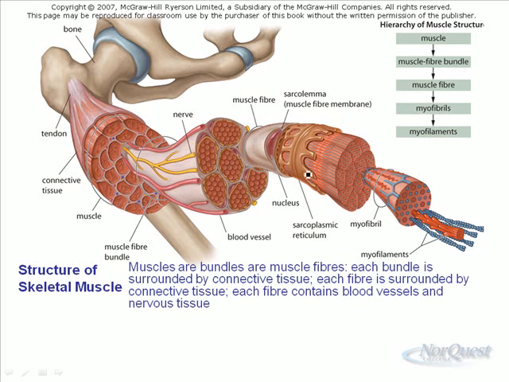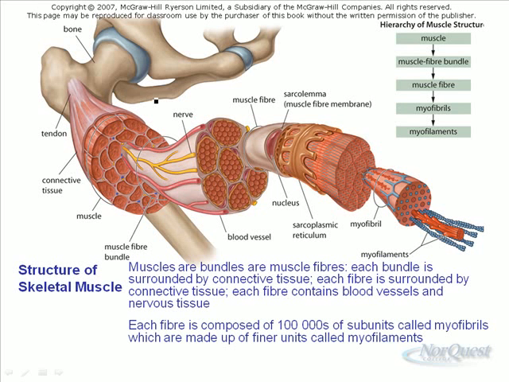And as you can see, each fiber is supplied with blood vessels and nervous tissue. And here we have a myofibril, which is a bundle of proteins. And here we have the myofilaments, which are the proteins that actually make our muscles contract. So this is going to be the level of muscle contraction. As millions and millions of these start to contract, the whole muscle starts to shrink in length.